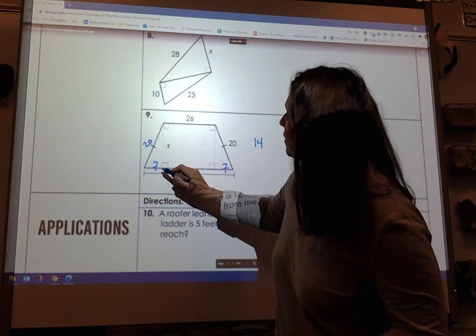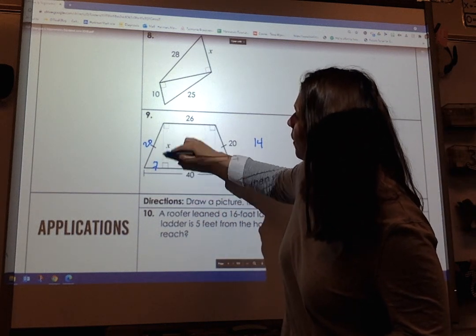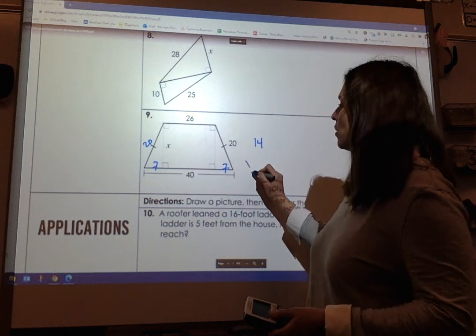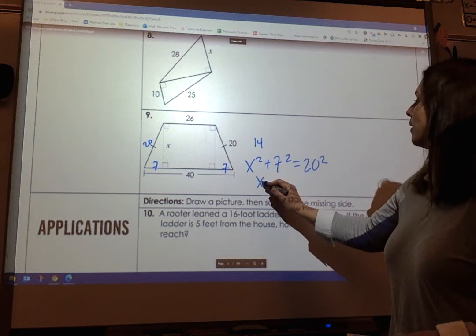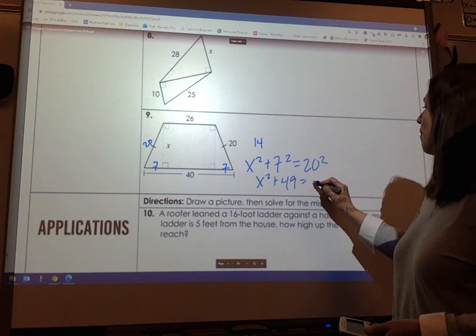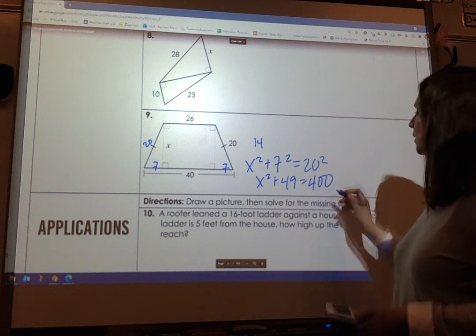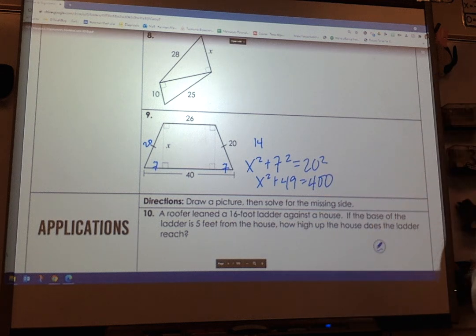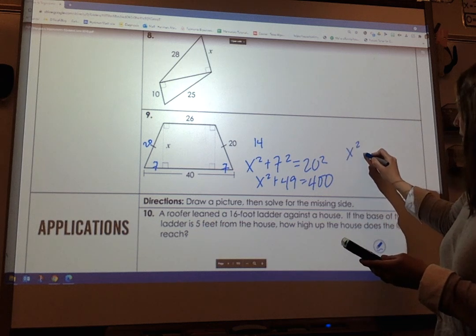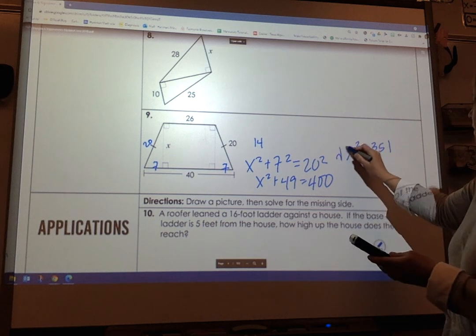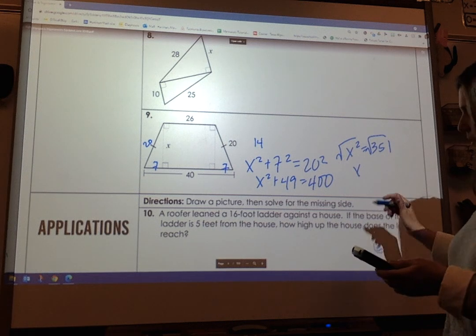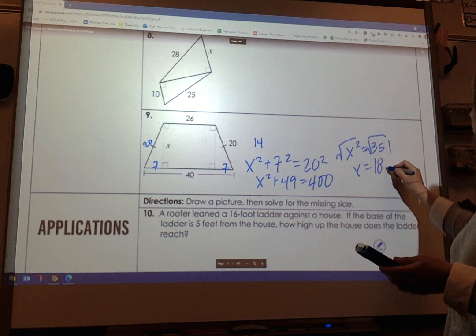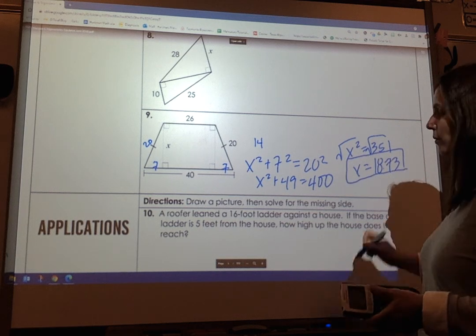I know that this hypotenuse is 20, so if I want to find the height, I'm just going to use x squared plus 7 squared equals 20 squared, which is 400. So I get x squared equals 351, and then I take the square root of that, and I get x, the height is 18.73. So that would be the height.